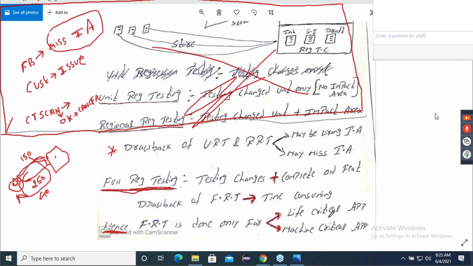Is it clear, guys? So testing the changes plus the complete old features. Unit regression, regional regression, yesterday the whole day we have seen that only. So I am not interested to repeat. Heroes and heroines who are absent, 100% we will not do that.